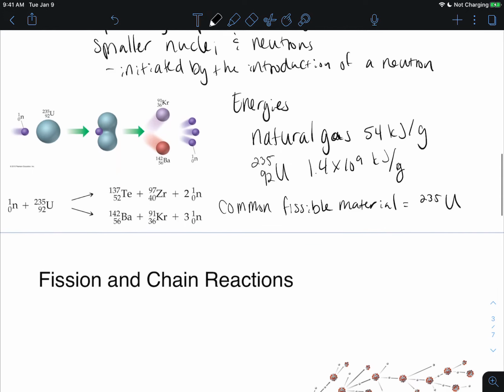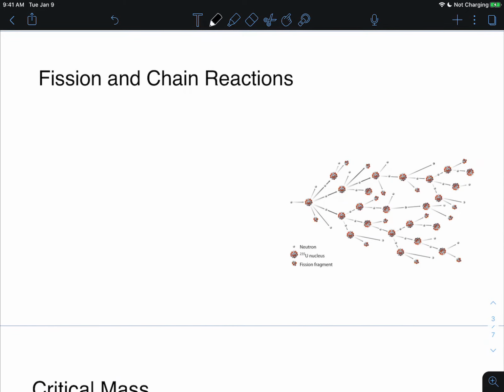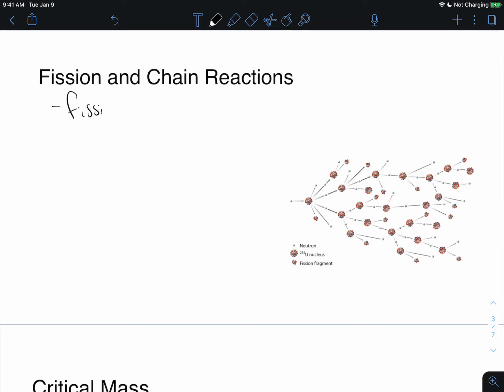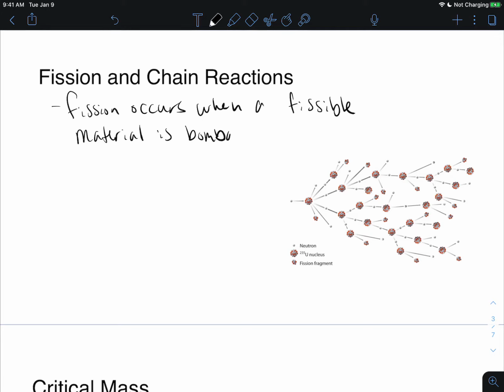So let's look a little bit more at this process. We cause fission when we bombard a fissile material with an accelerated neutron. Okay?